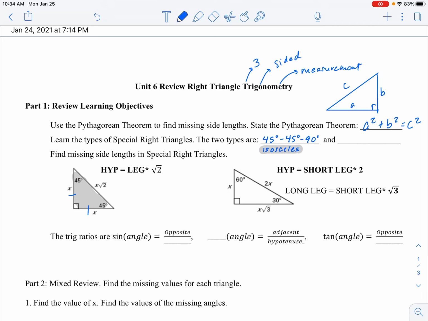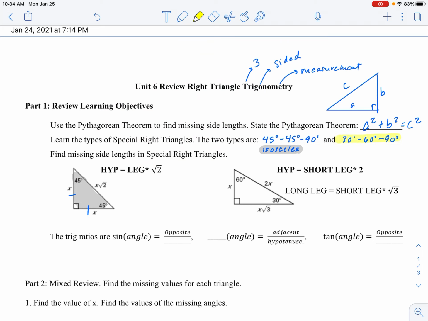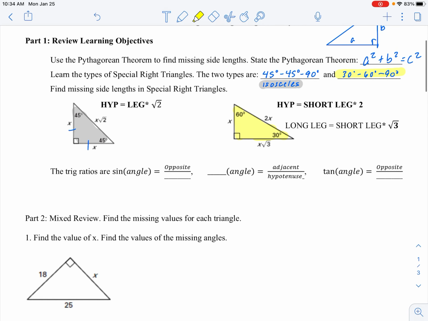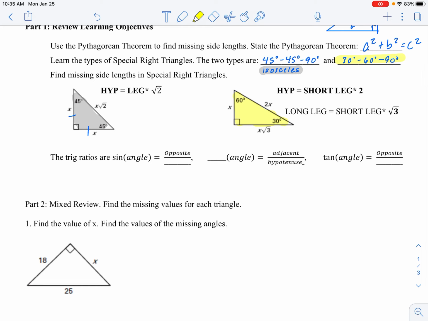And a 30, 60, 90 right triangle, which is this one here. These special right triangles you don't need to know, but they're nice to know.